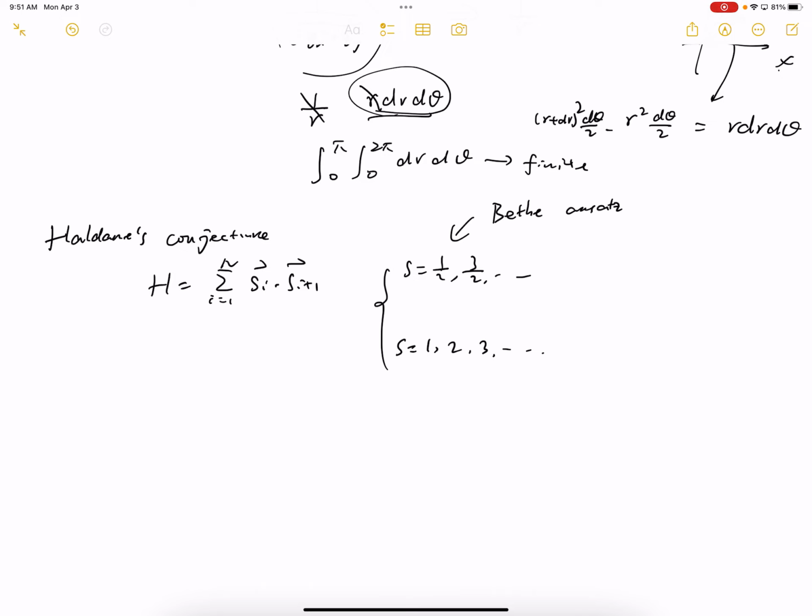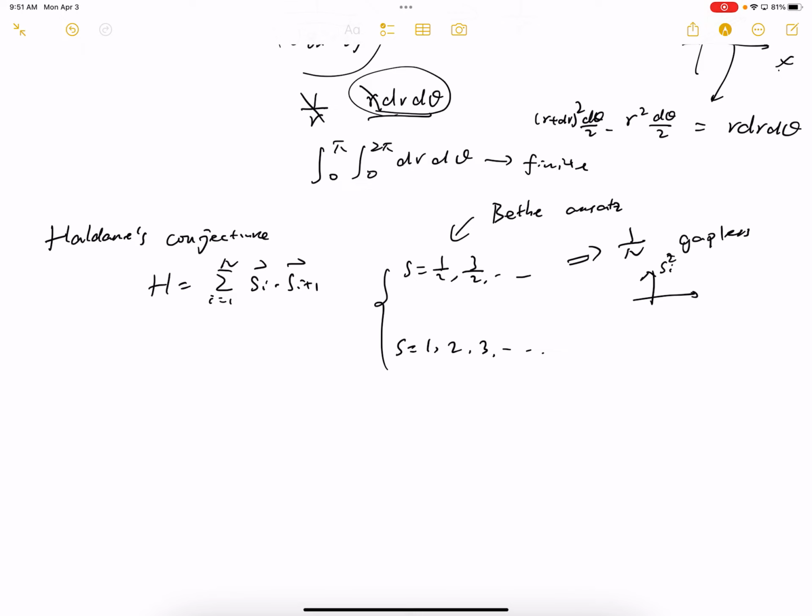For the half integer, because there's the exact solution, which also agrees with the spin wave, we know what's going on. First, we know that the energy gap goes as 1 over n, so it's actually gapless. Basically, in the large n limit, the energy difference between the ground state and the first excited state all goes to 0. And then you can also calculate the correlations. The correlation actually decays as a power law. This is also something we saw in that Nature Physics paper.